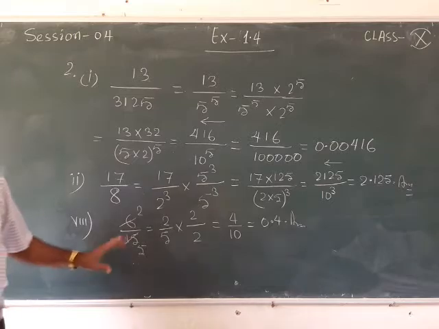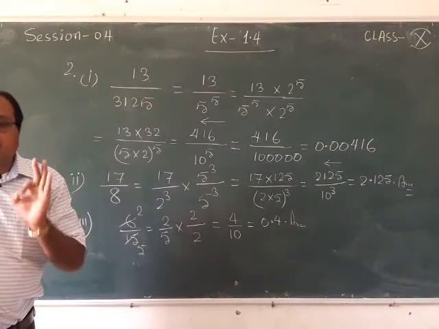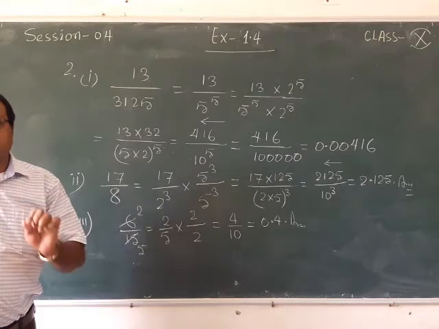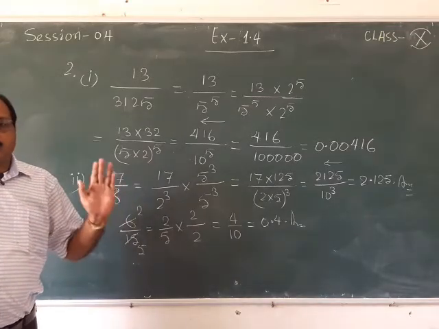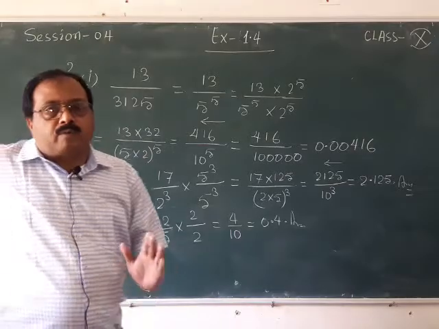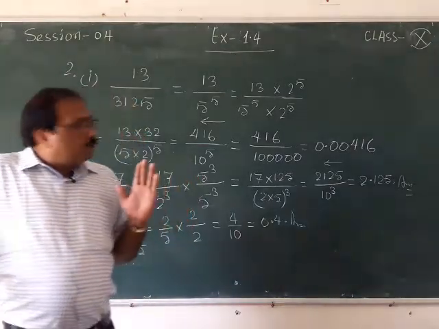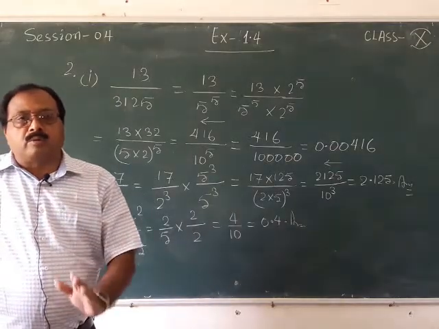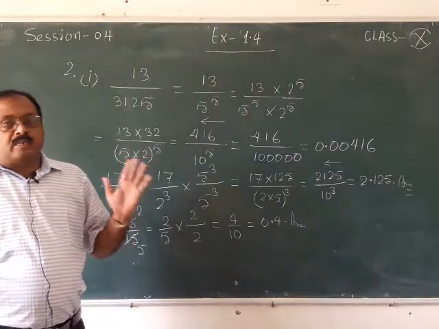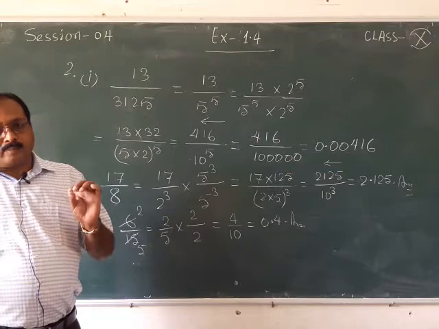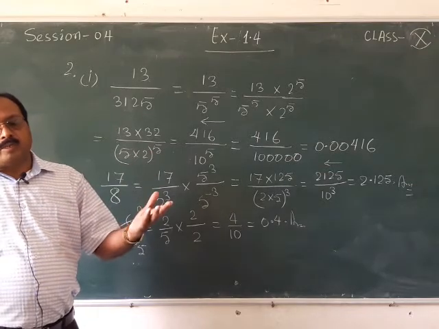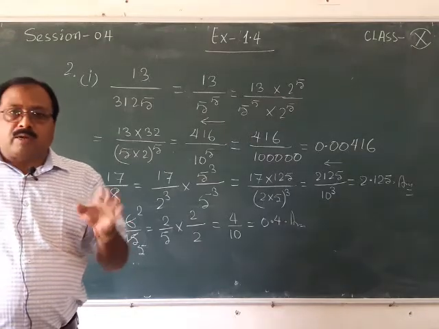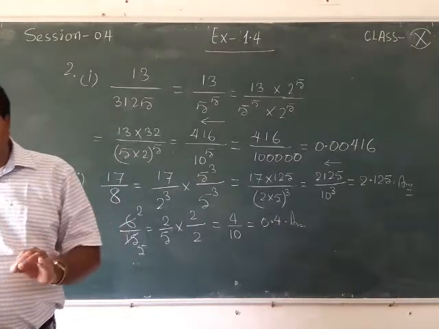Now I hope that without actually dividing, you are able to change a rational number into its decimal form. You do not need to perform long division to get any rational number as a decimal form. Okay, so take care and do all of question number 1 and all of question number 2.